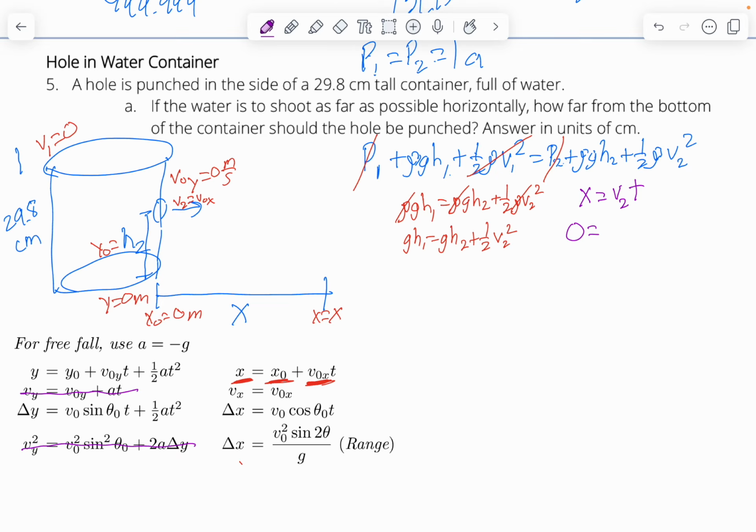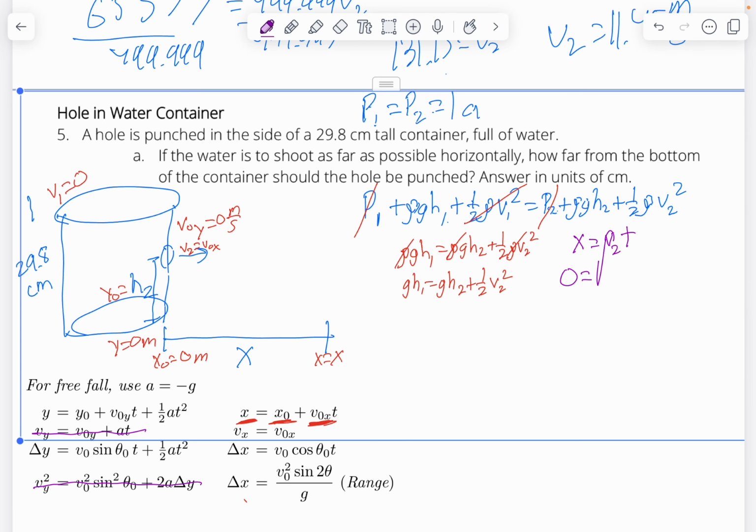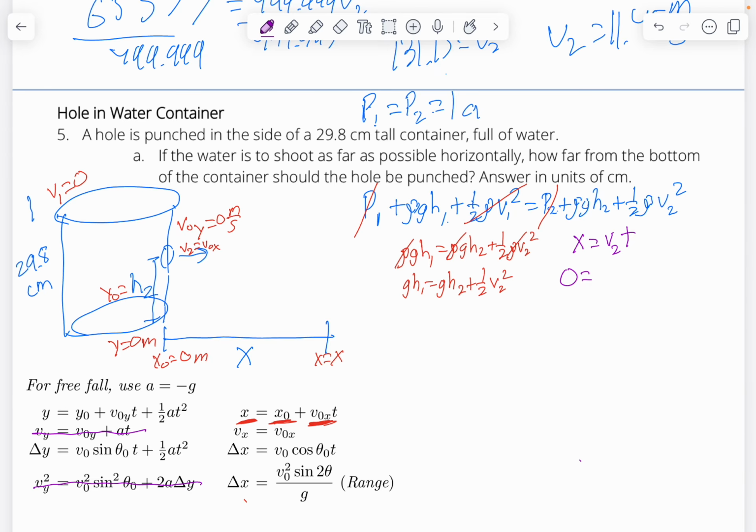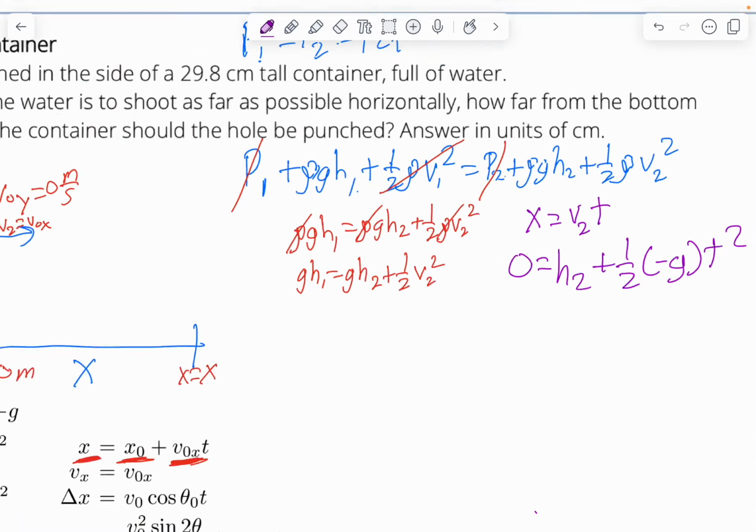So then 0 is equal to my initial y position, which is h2, and my initial y velocity, since it's being launched horizontally, is 0, so this whole term is 0. So that's just h2 plus 1/2, and then our acceleration is negative g, t squared.